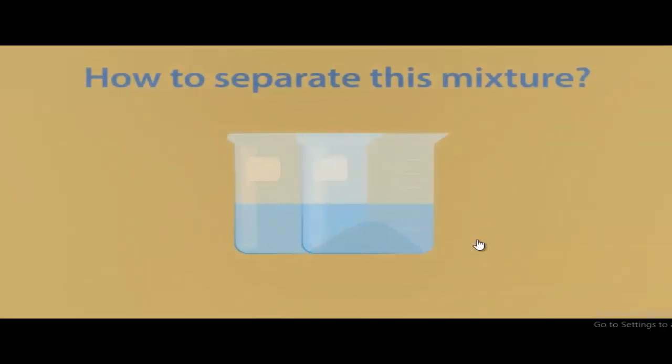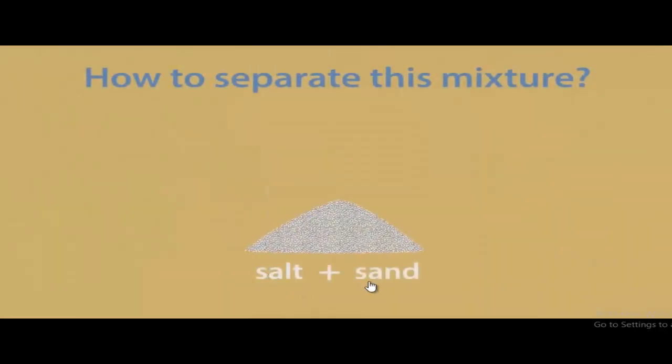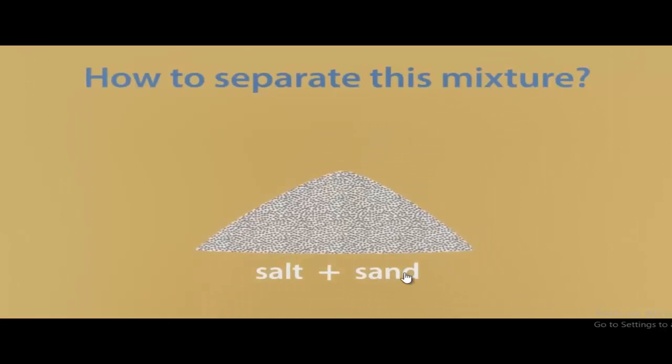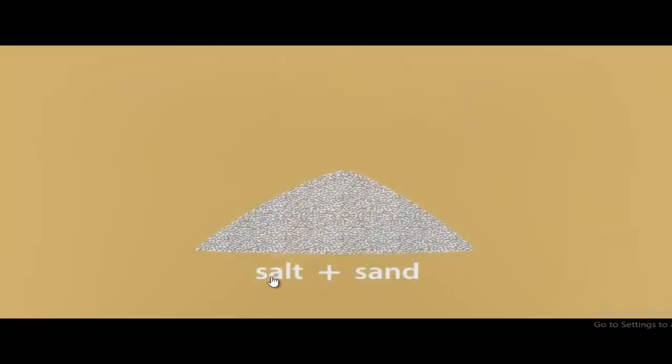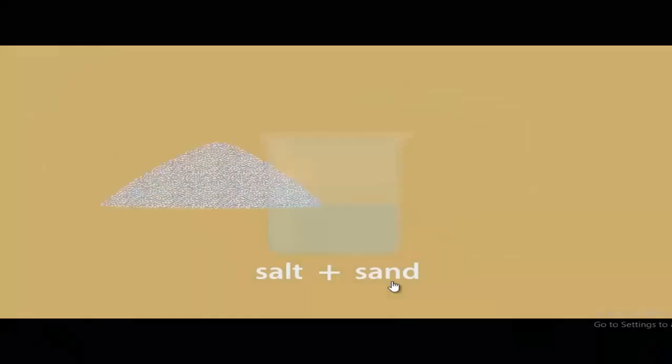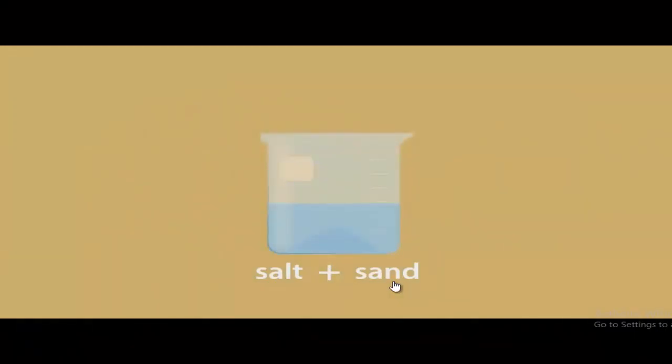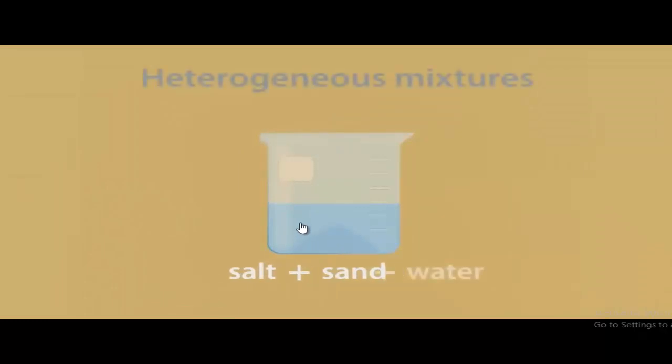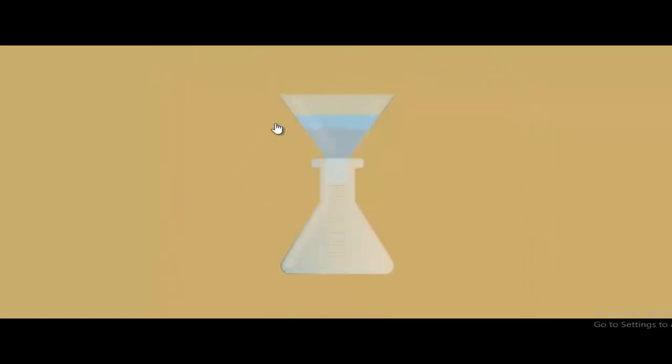And you also know that salt dissolves in water but sand does not dissolve. So how can we separate the mixture of salt and sand? Can you think how we can separate them, salt and sand? Yes, we can easily separate them because salt dissolves in water but sand does not. To do this, at first we add water, then we filter the mixture.